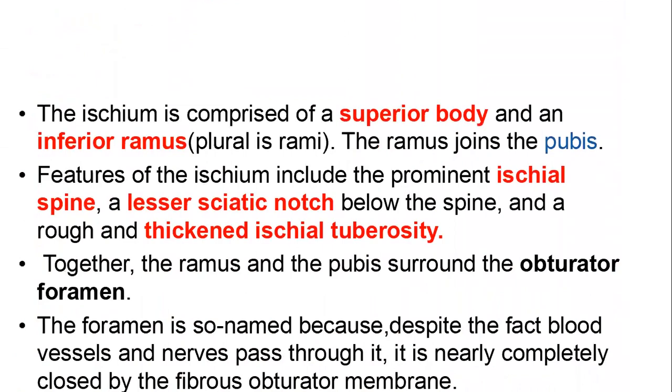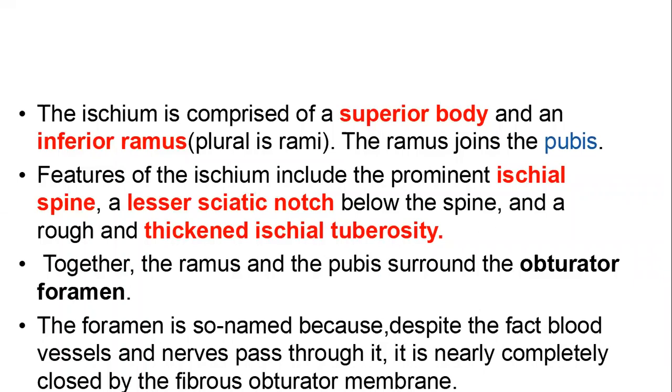The ischium is comprised of a superior body and an inferior ramus, plural rami. The ramus joins the pubis. This is where the ischium joins the pubis, at the point known as the ramus. Features of the ischium include the prominent ischial spine, a lesser sciatic notch below the spine, and a rough and thickened ischial tuberosity.